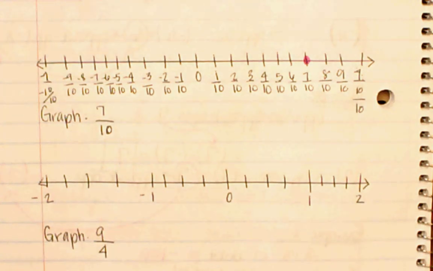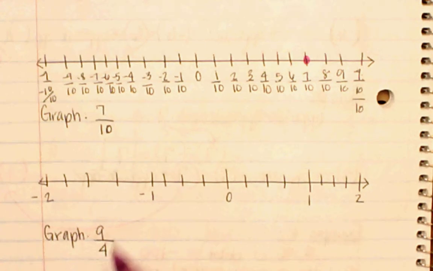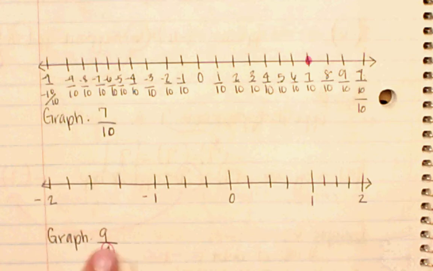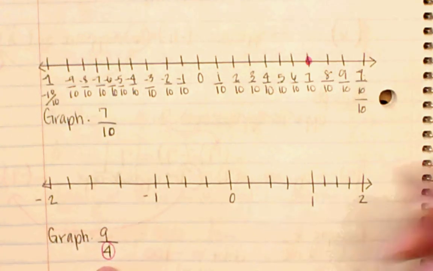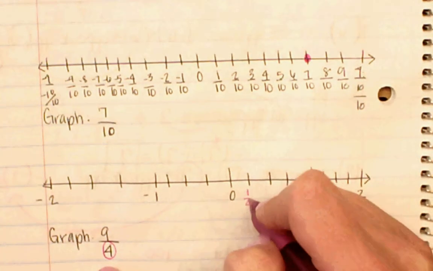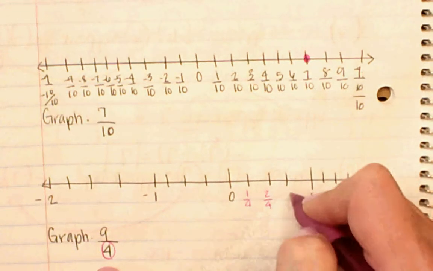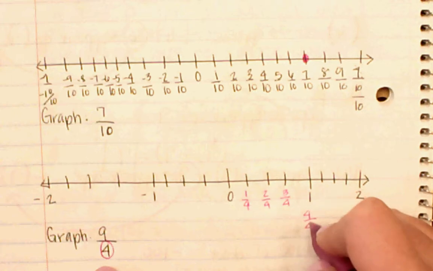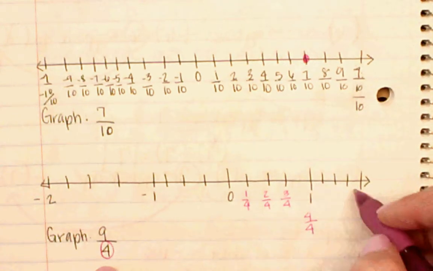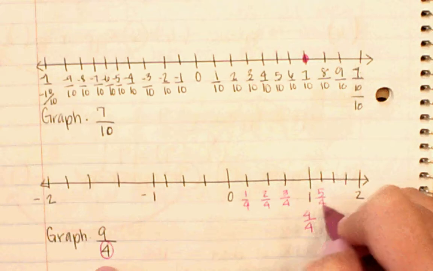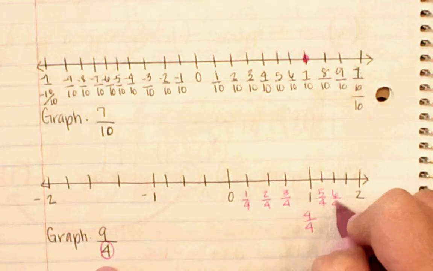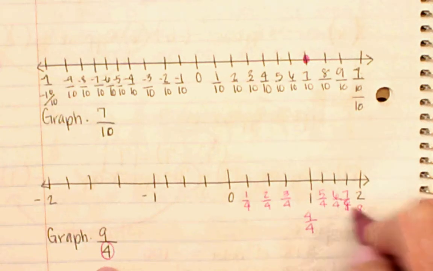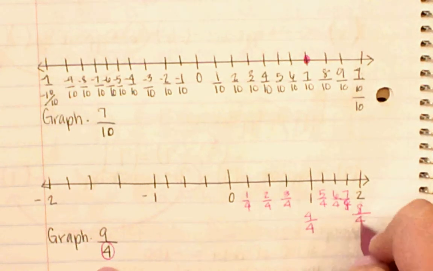So, since we're given the fraction, we're looking at 9/4. I can use this to determine what each tick mark is going to represent. Each tick mark is going to represent 1/4. So I have 1/4, 2/4, 3/4, 4/4, and I'm going to continue on. 5/4, 6/4, 7/4, and 2 would also be equivalent to 8/4.